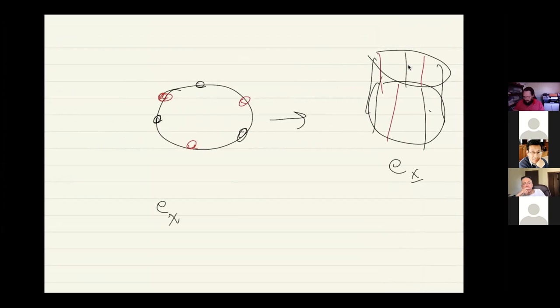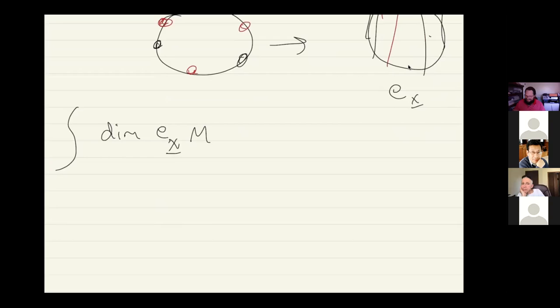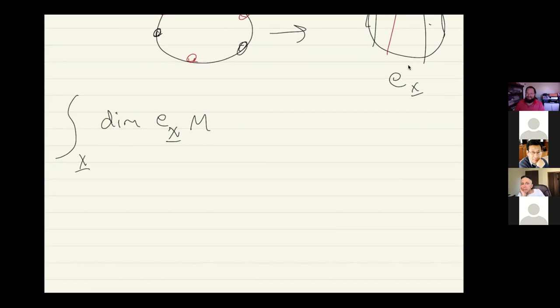And for any module, I can look at the statistic, which is the dimension of EX times that module. And then I integrate that over all the different places I can put X in this S1. When I realized you could write things this way, I was like, this is insane. But this actually is the central charge function that Mina is thinking about.